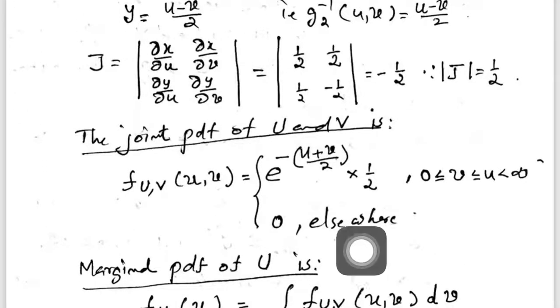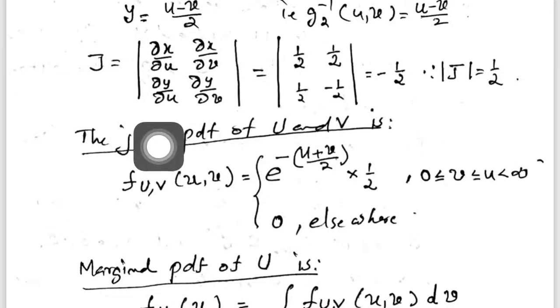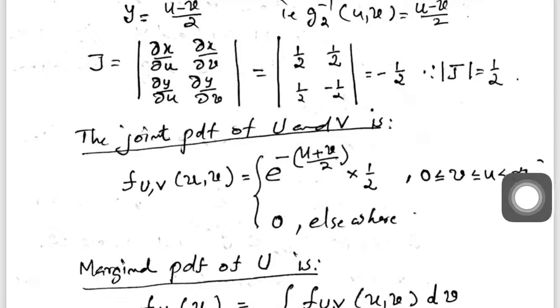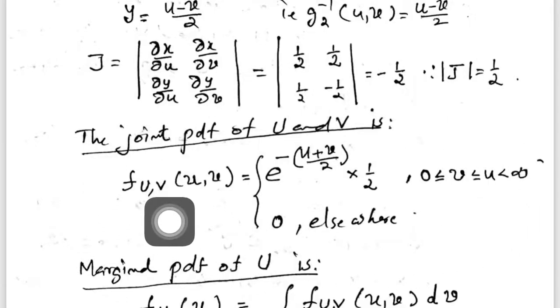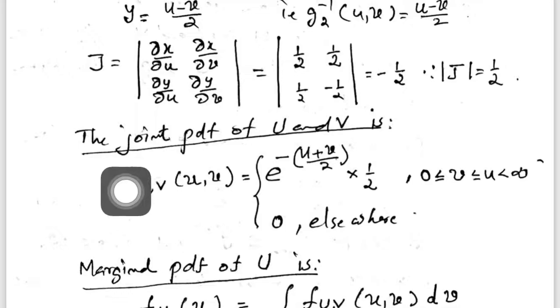So the main task you have completed, that is to express the joint density of the transformed variables u and v. And from this joint density you can easily find the marginal densities.